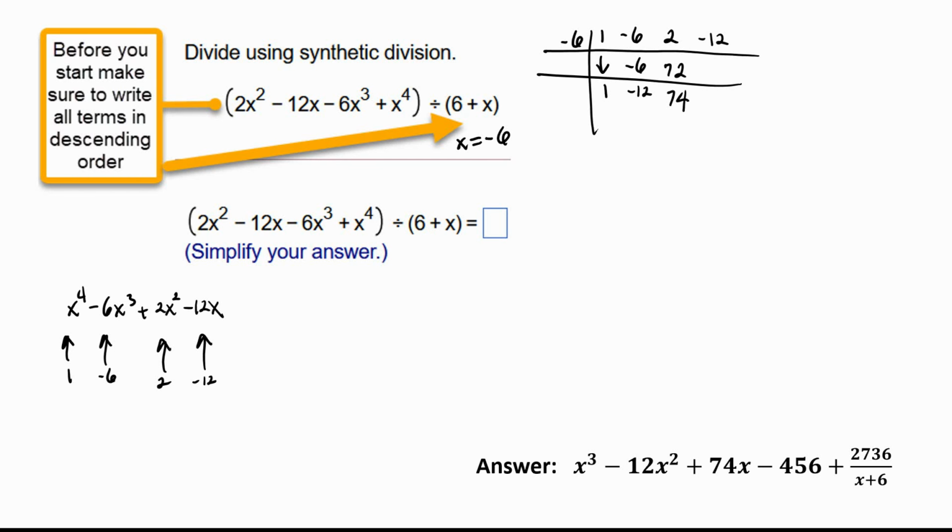All right. So I get negative 444. So then I add negative 12 plus a negative 444. I get negative 456. But I have to keep on going because remember that last term was negative 12x. There wasn't a constant term on that end. So basically, it's like a 0 over there at the end.